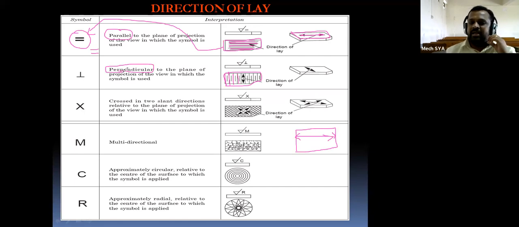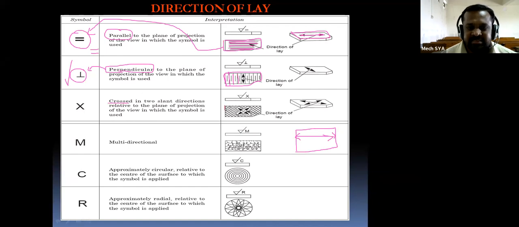It is when the irregularities are perpendicular to your surface like this. And it is shown with the help of this symbol. If such a symbol is there, we can easily understand it is the perpendicular direction of lay. Now see here, crossed direction of lay.